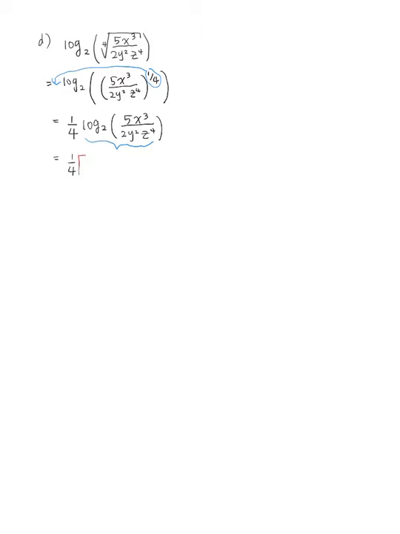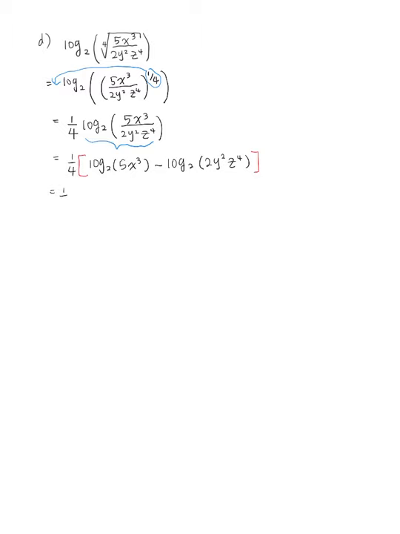Make sure to put a bracket. So here you're going to get log base 2 of 5x to the 3rd minus the log base 2 of 2y squared z to the 4th, bracket closed, which means that you need to distribute the 1/4 to each term at the end.